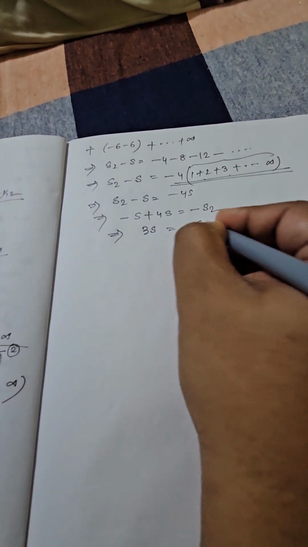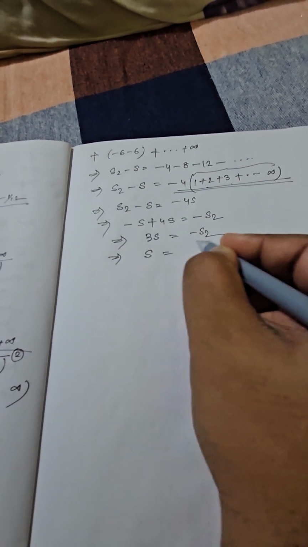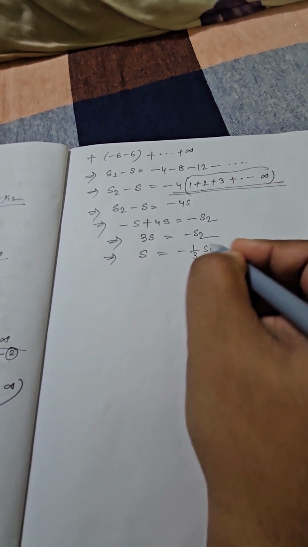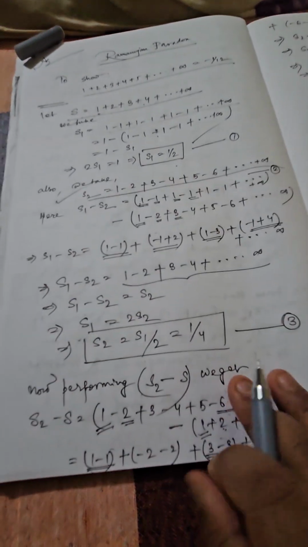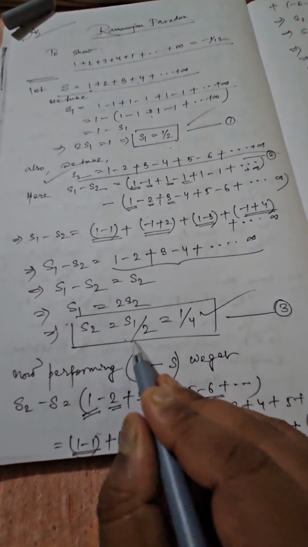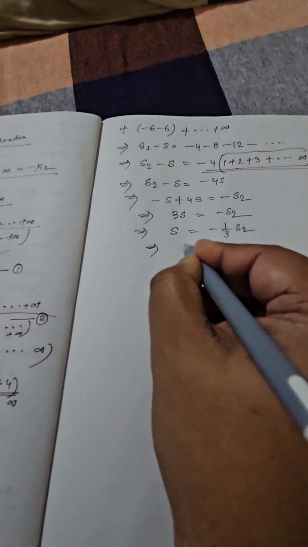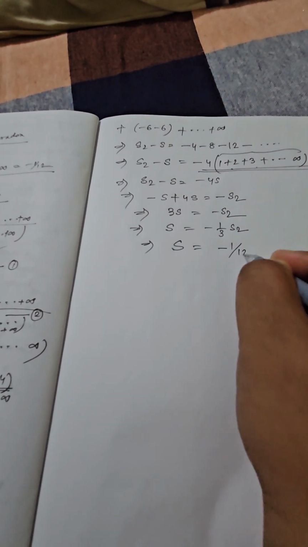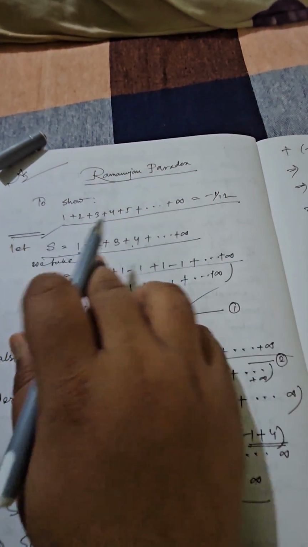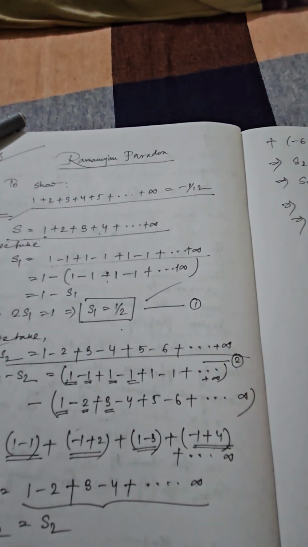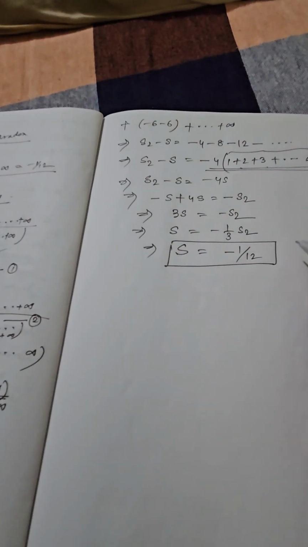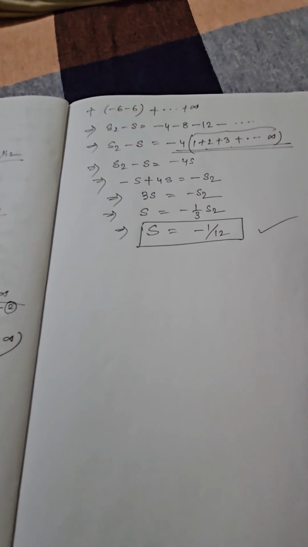So minus 3S will be S2, S will be 1/3 of S2 with a negative sign. But as we have explained earlier, S2 is 1/4. So finally we can see S will be minus 1/12. That means initially we have started with this sum 1 plus 2 plus 3 plus 4 and so on. If we carry up to infinity, required sum can be written as minus 1/12.